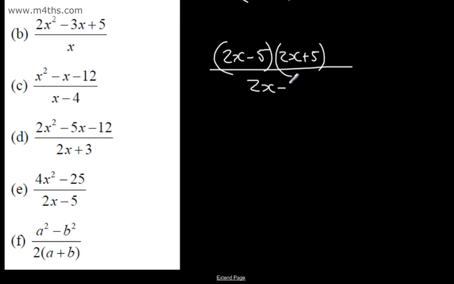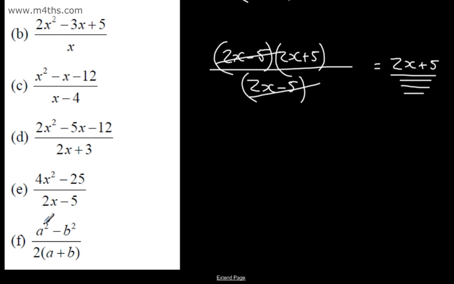So over 2x minus 5, and we can simply cancel off the common factors. What we can't do, for example, here is just start cancelling off and saying, well, we'll divide the 25 by the 5. We can't do that. We must factor. Okay, so all we're left with on this one now is the linear factor of 2x plus 5, and that is our final answer.